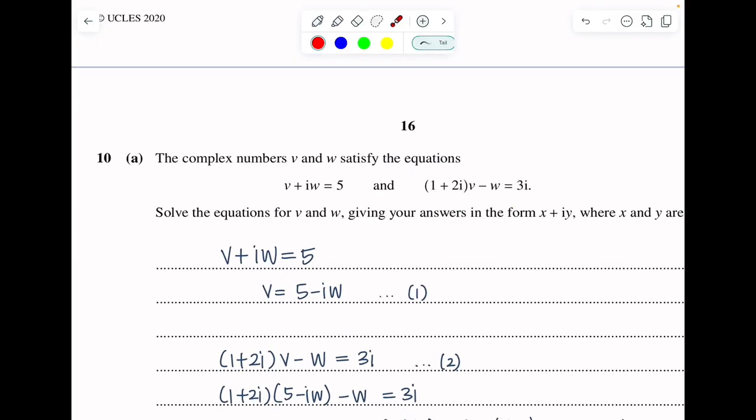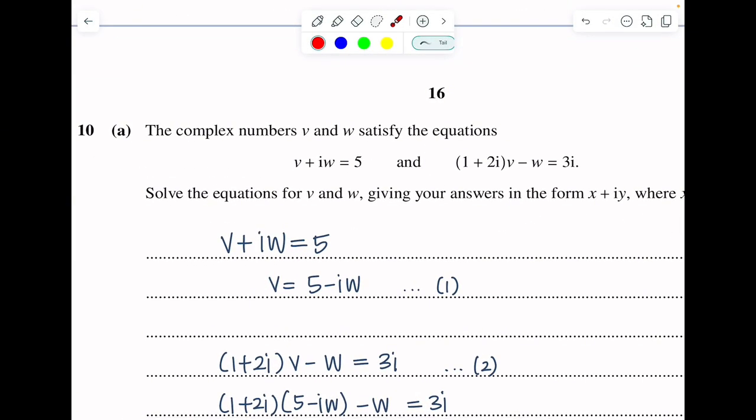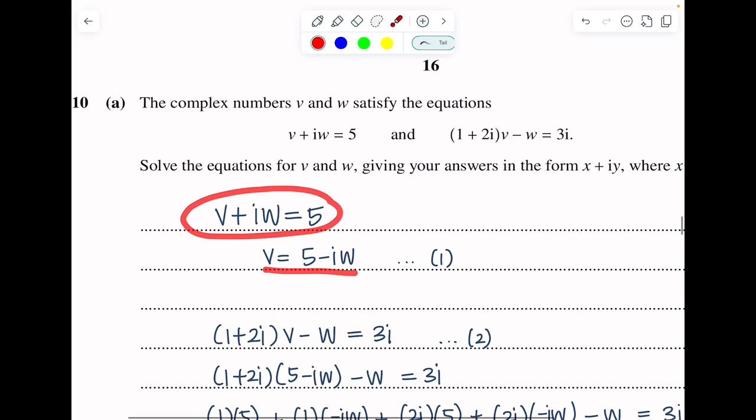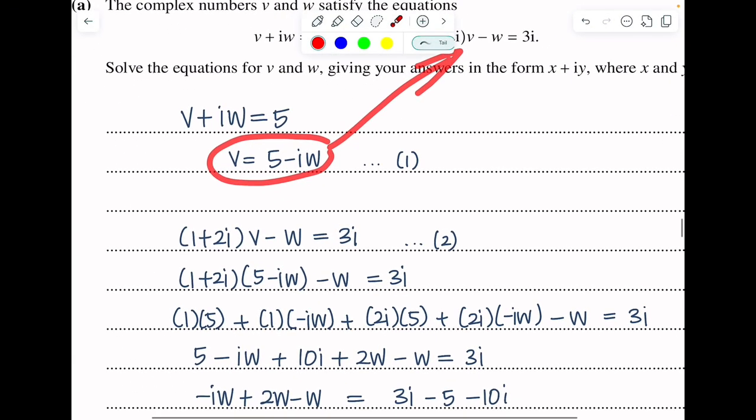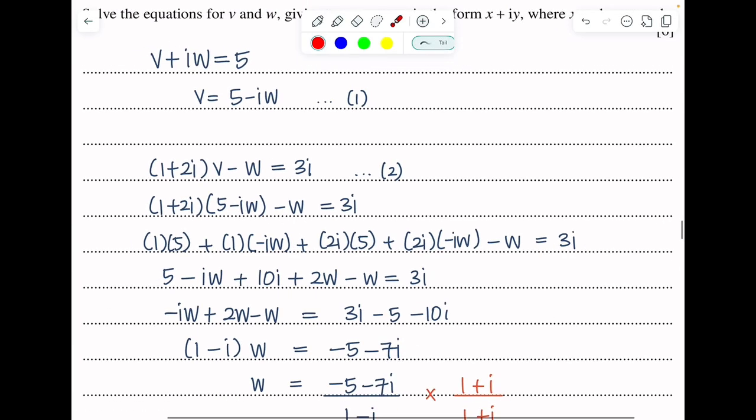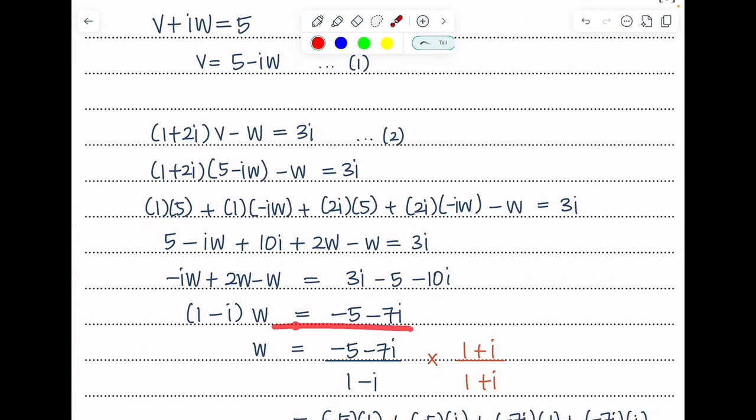We use the substitution method. v plus iw equals 5, so v equals 5 minus iw. Substitute this value into the second equation. Expand and simplify to get w equals negative 5 minus 7i over 1 minus i.